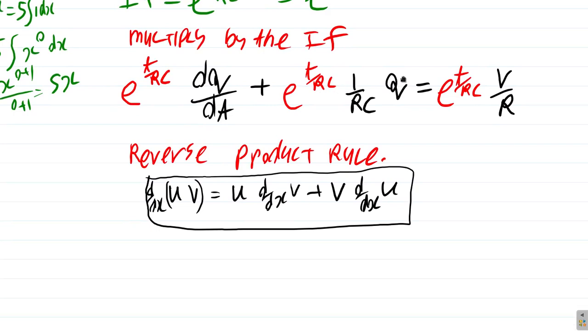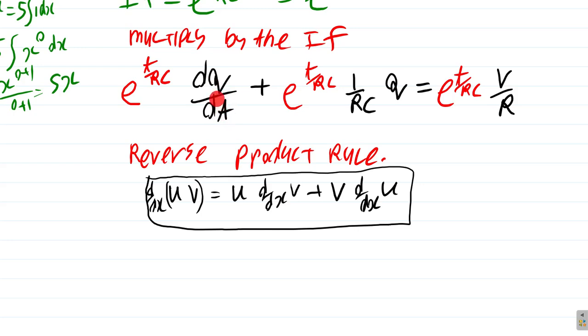Now, we have the result of having applied a product rule. So what could it have been that you differentiated? What could have been the product here? Now, look at this. Consider that you differentiate Q with respect to time. If you find the derivative of Q with respect to time, you would get dQ by dt.